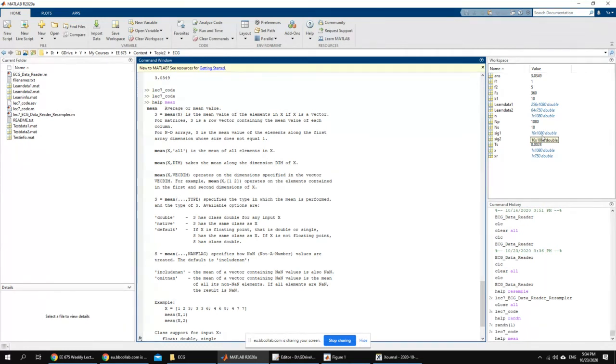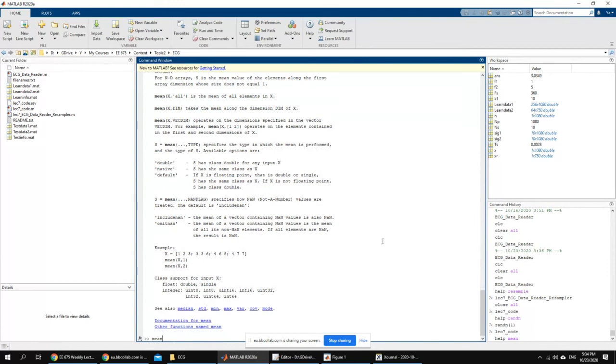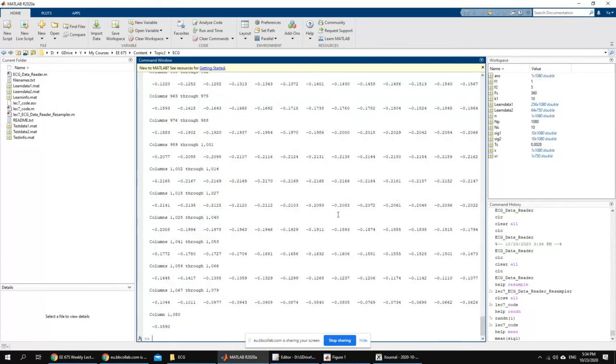Do I want to do that? Actually, I want to do the opposite. I would like to average the 1,080 samples and come up with 10 means, one for each signal. So all I have to do is compute the mean of signal 1 transpose. The mean of sig1 by itself is not going to work because it's averaging across samples. I don't want to do that.